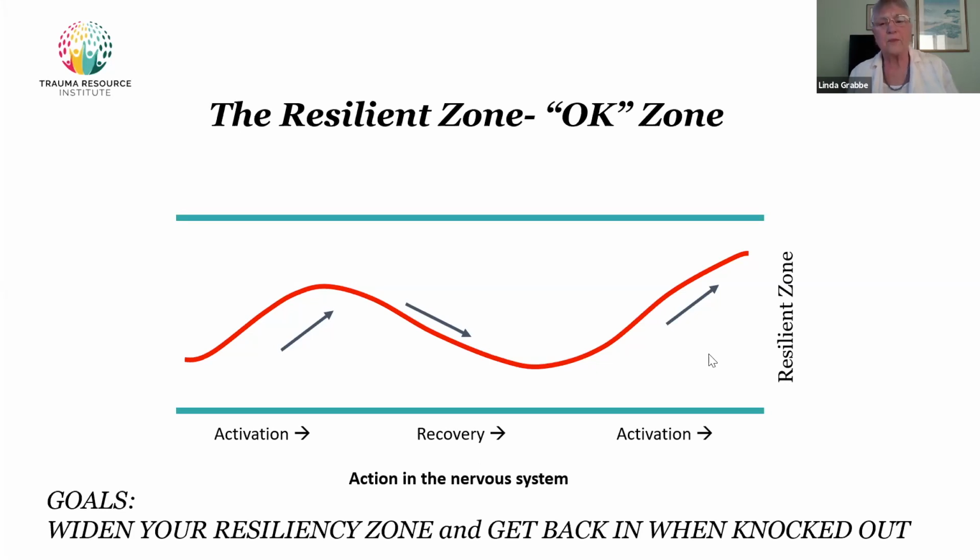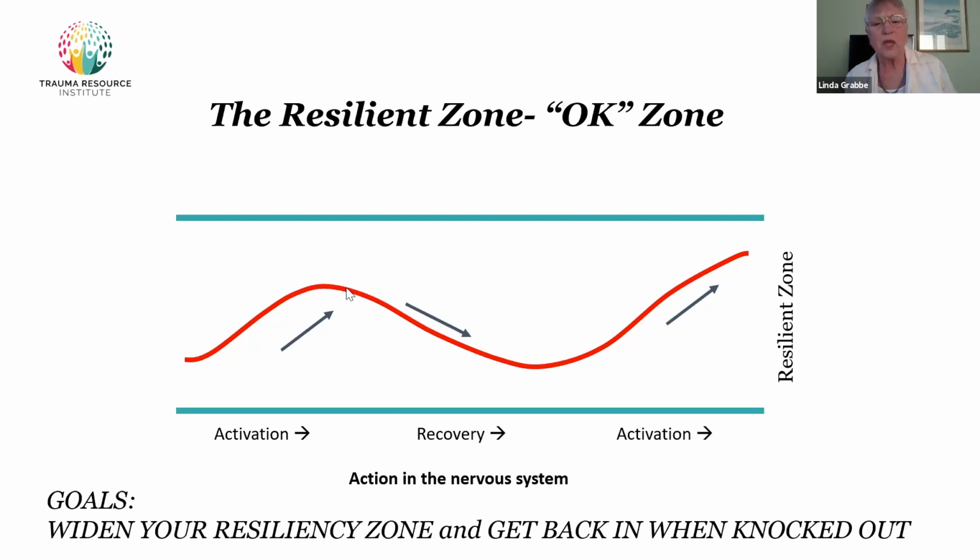This wavy line could represent mood, but it really reflects what's going on in our nervous system. CRM is biologically based. We have the upswing, which is the energy, which comes about because of the sympathetic nervous system.